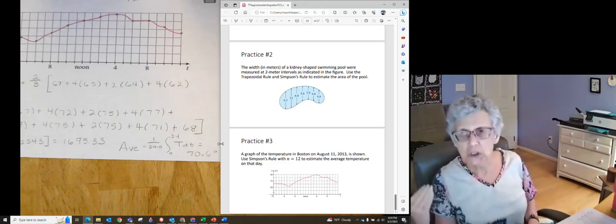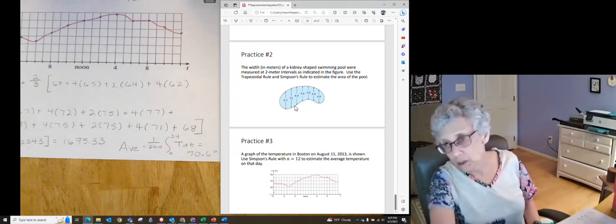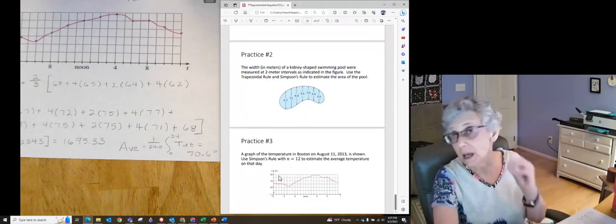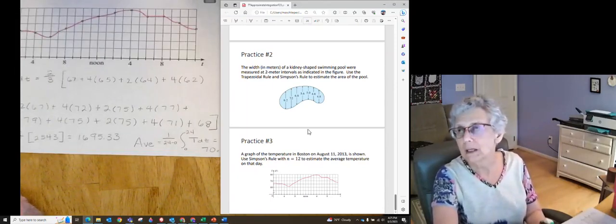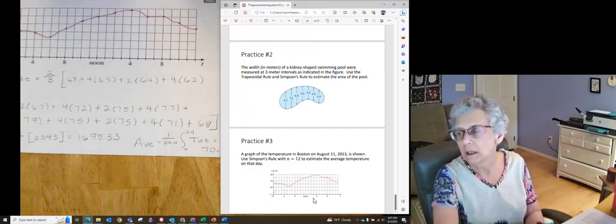So be sure you answer what you're asked for. The other one just wanted the area of the pool and the area under the curve, but this one asked you for an average. So you have to remember that average value from back in Calc 1. You can do this. You have the tools you need, and you won't be asked for anything on test day that you can't do.